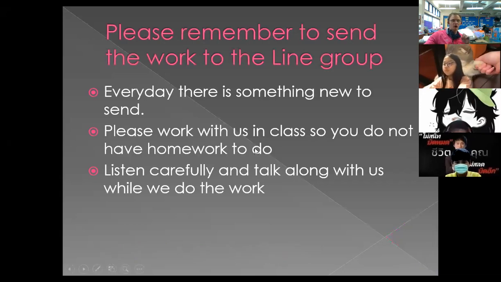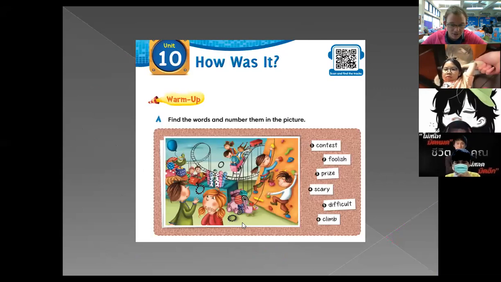Firstly, please remember to also send us the work every day that we are doing, so we can keep a record, and at the end we can show your parents and the school what we have learned together in the class. So firstly, we are busy with unit number 10.